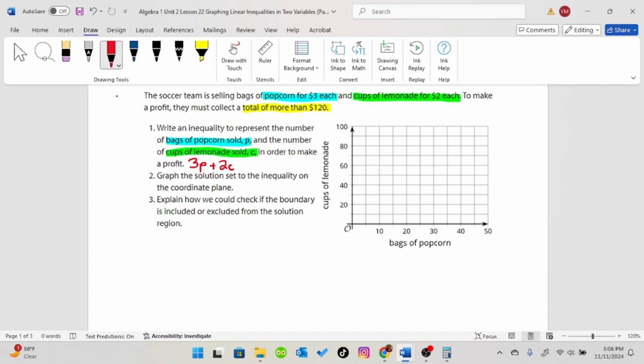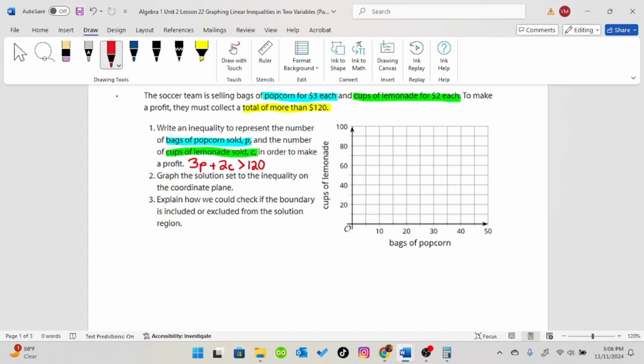And because it needs to be more than, this is going to be greater than 120. So this is how you would take the word problem and turn it into an inequality.